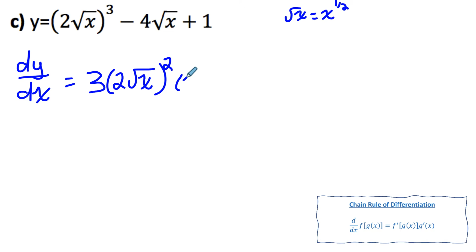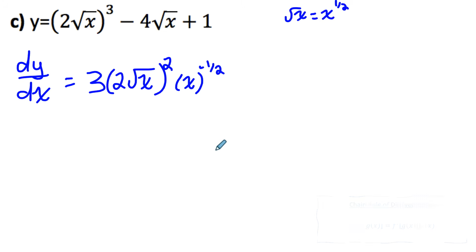And then it would be x to the half minus 1, which is negative a half. Minus, now I need to differentiate this term. And remember, this root x is an x to the half, so a half times 4 is 2. Keep the x, reduce the exponent by 1, becomes negative a half. And then plus the derivative of any constant is 0, so I don't have to write the plus 0.